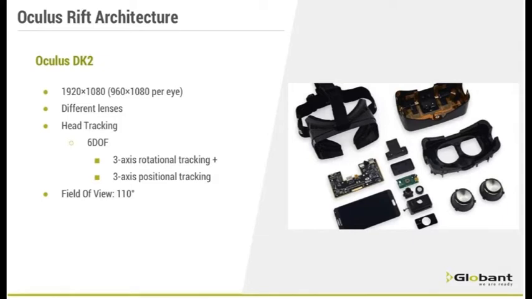So we will talk about the architecture of the Oculus Rift. It's really simple. It's a full HD display that is split in half, and the lenses make the image curve, and you need to correct that by software, and we are able to do that thanks to GPUs. And you can adjust different lenses.